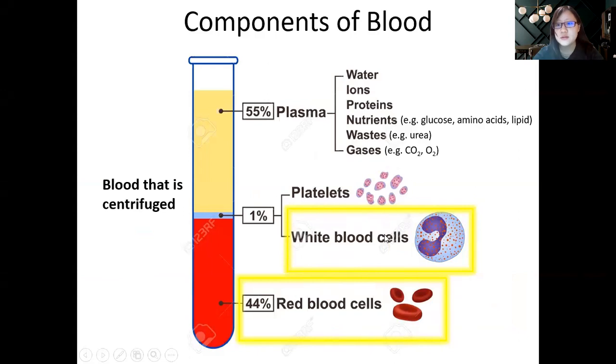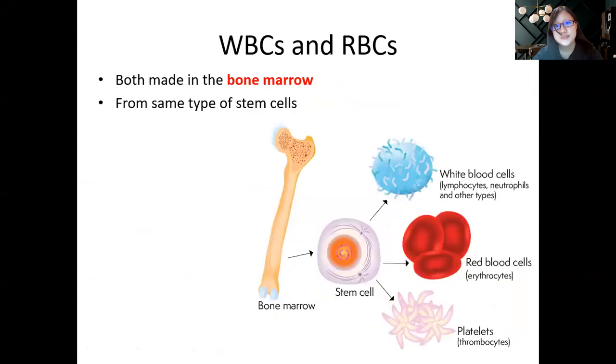Under white blood cells, there are two major types, phagocytes and lymphocytes, and red blood cells is just red blood cells. So before we start, white blood cells and red blood cells are both made in the bone marrow, okay? All of the white blood cells and all the red blood cells in your body are made in the bone marrow from the same type of stem cells.